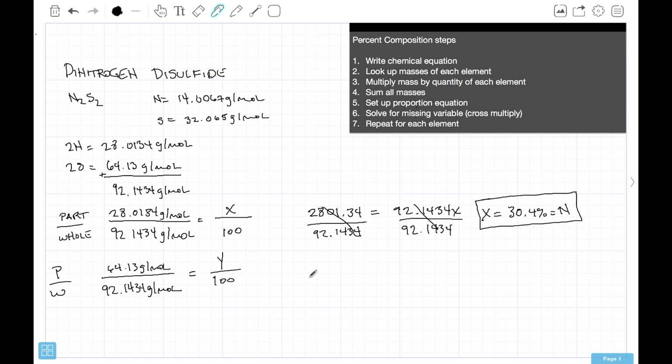That's our unknown. And cross multiplication, you end up with 6,413 equals 92.1434 Y. Division will get Y by itself.